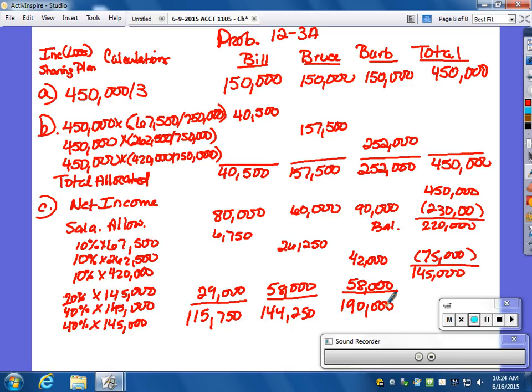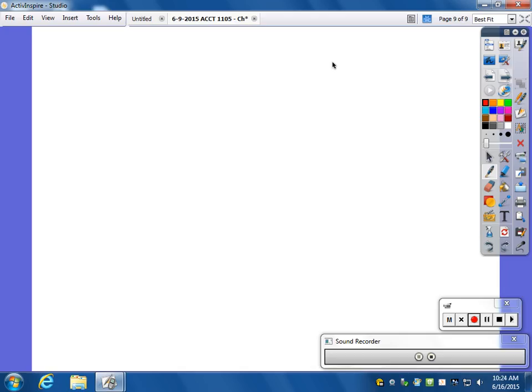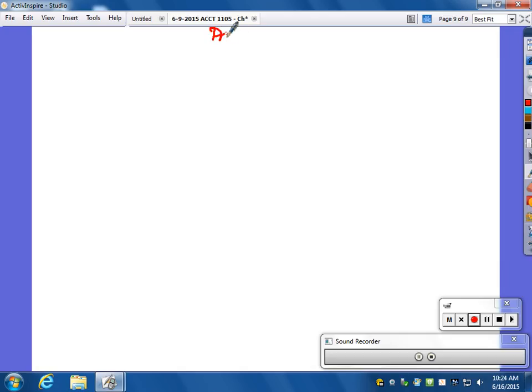How do we start off a statement of partners equity? Title. Well, besides that, what else do you start with? The date, the name of the person, the period, the ending period. We can skip all that. 12-3A, continue. This is part 2. Start off stating the capital. Well, did any of them have beginning capital balances?